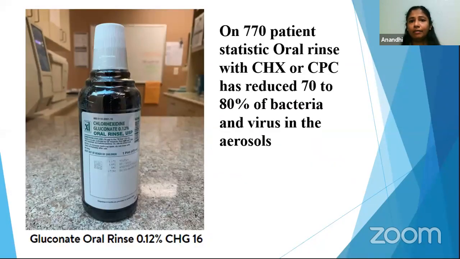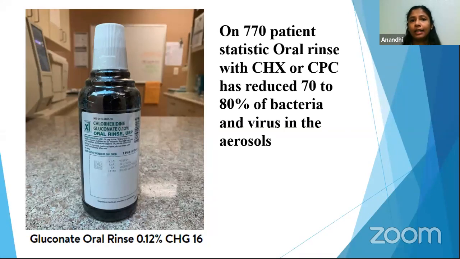And then, before seeing the patient for whatever treatment I have to do, we use mouthwash, either chlorhexidine or any other mouthwash which has CPC, either Crest or Colgate, whatever, at least to reduce the bacteria in the mouth.